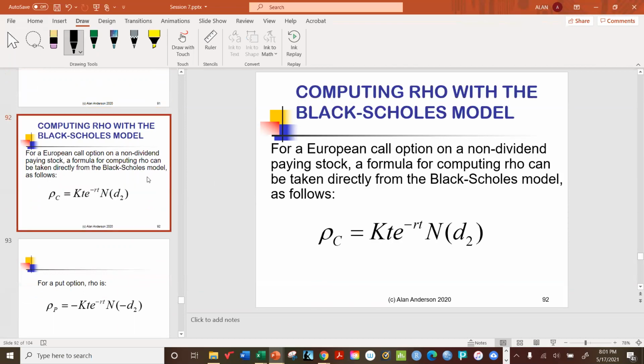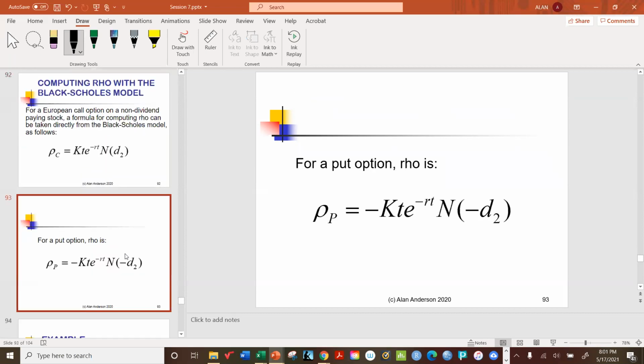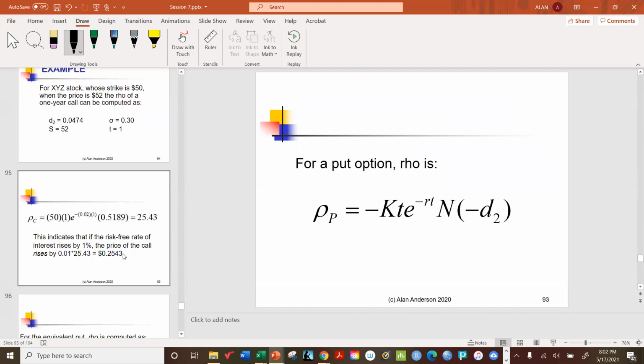The rest of these are pretty down to earth, you can see. But what you will notice is that unlike with Vega and Gamma, the signs of call rho and put rho are always different, just like with the deltas. And in fact, in that sense, it's exactly the same. The rho of a call is always positive, and the rho of a put is always negative.